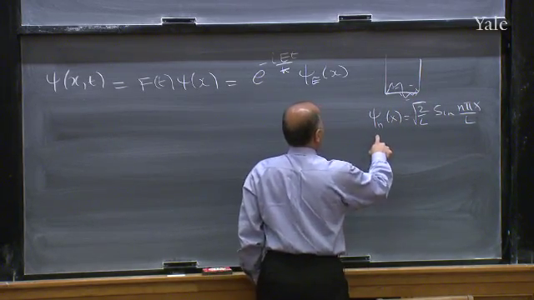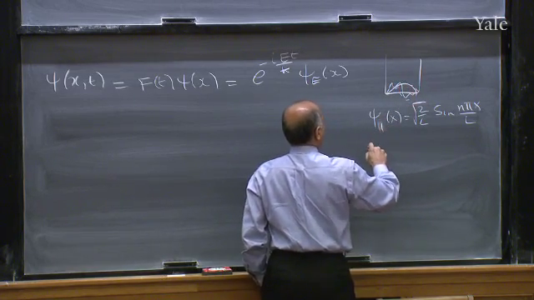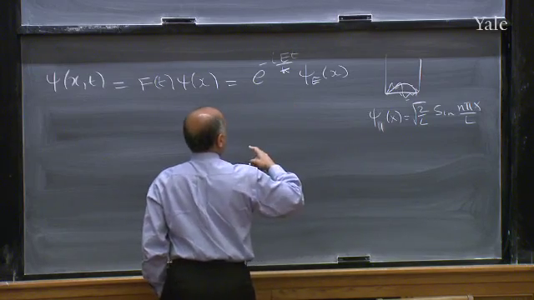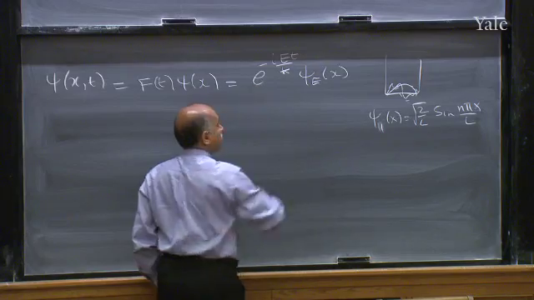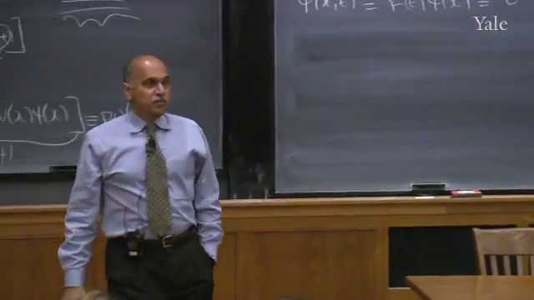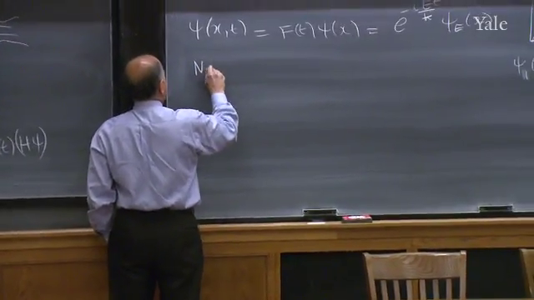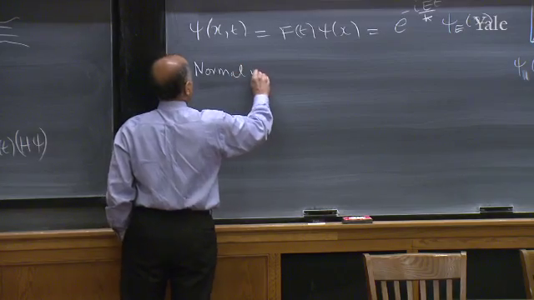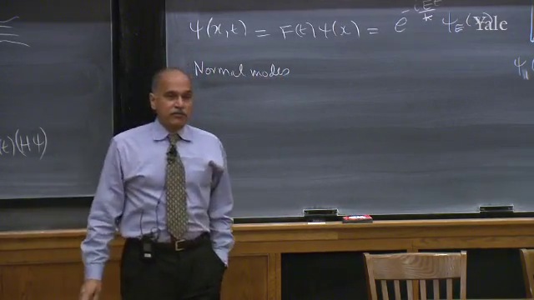But if you chose it initially to be exactly the sine function, for example, which is psi sub 1, then I claim as time evolves, the future state is just this initial sine function times this simple exponential. This behavior is very special and it's called normal modes. It's a very common idea in mathematical physics.